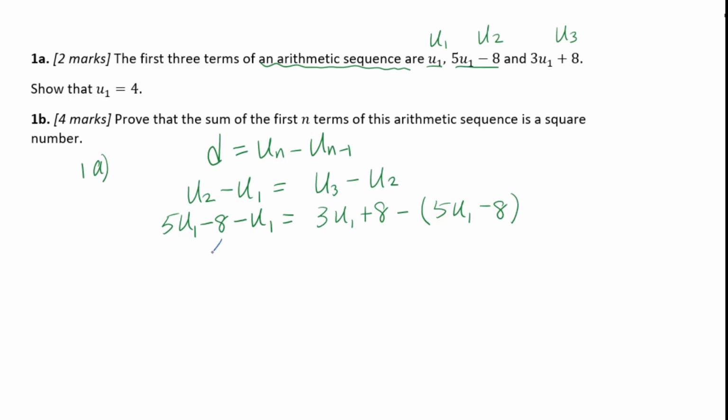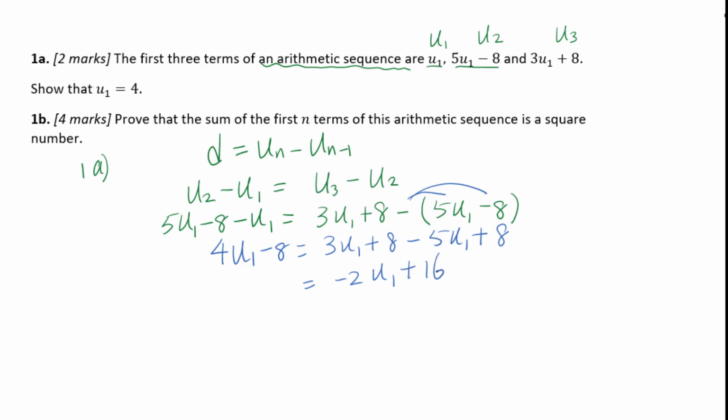Then combine like terms: 4 u sub 1 minus 8 equals, distributive property, 3 u sub 1 plus 8 minus 5 u sub 1 plus 8. Combine like terms, negative 2 u sub 1 plus 16. On the left side, we have 4 u sub 1 minus 8.